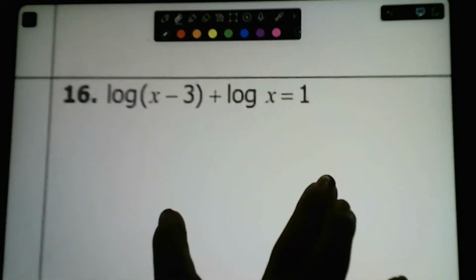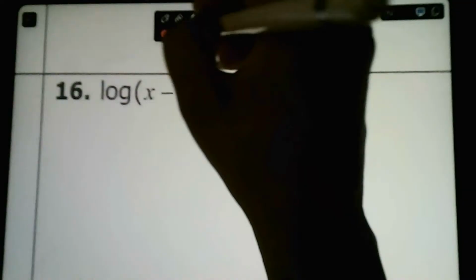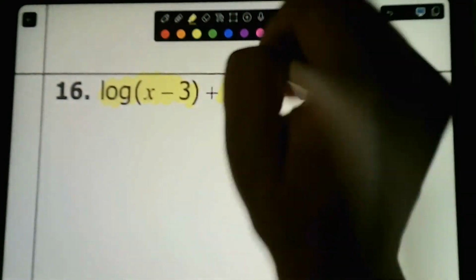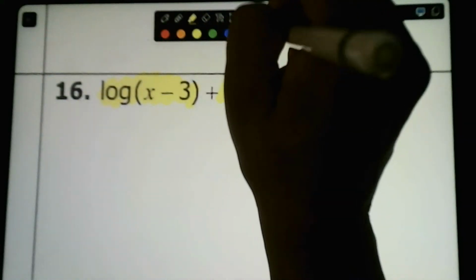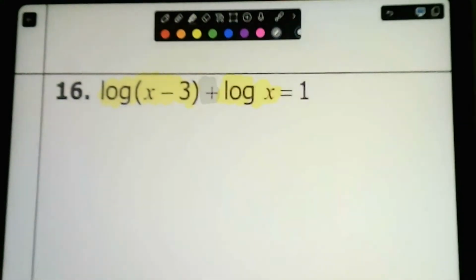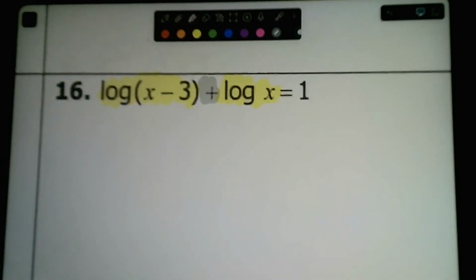Yes, please, 16. Okay. Looking at this item, there are 2 different logarithms, one here and one here. So I just need to condense them down into one logarithm. To do that, I'm going to consider the operation that lives between them. This is addition, which triggers the product property of logarithms. Originally, when I had the logarithm of stuff being multiplied together, I could rewrite it as 2 logarithms being added.